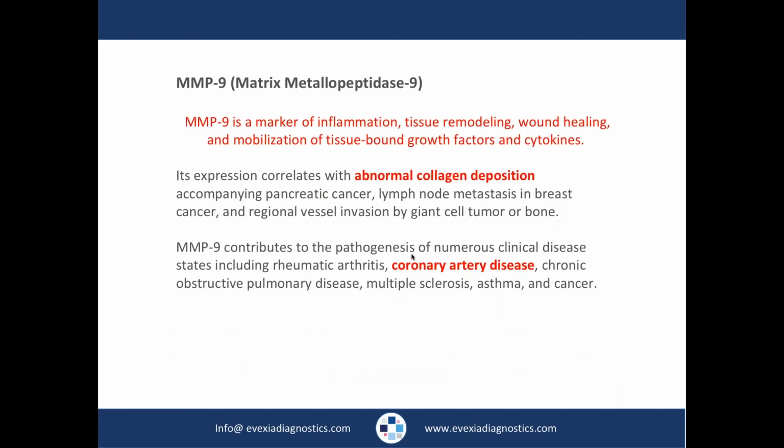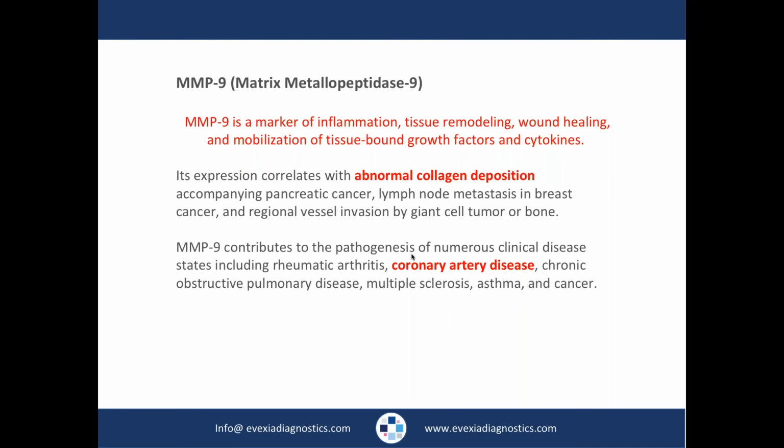It's a great marker. Another marker that may be new to a lot of you is matrix metallopeptidase 9. That's another marker of inflammation. It's a marker of tissue remodeling, wound healing, and mobilizing of tissue-bound growth factors, right? And it is expressed with abnormal collagen deposition, and it's been related to pancreatic cancer and lymph node metastatic cancer as well.